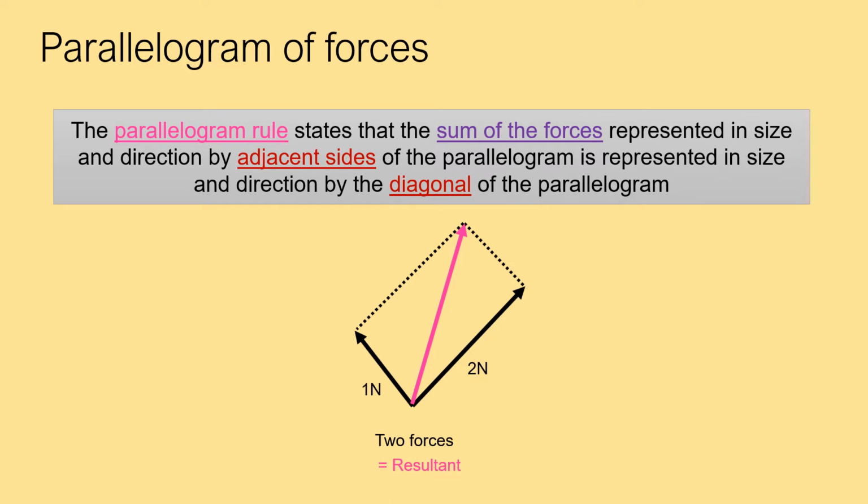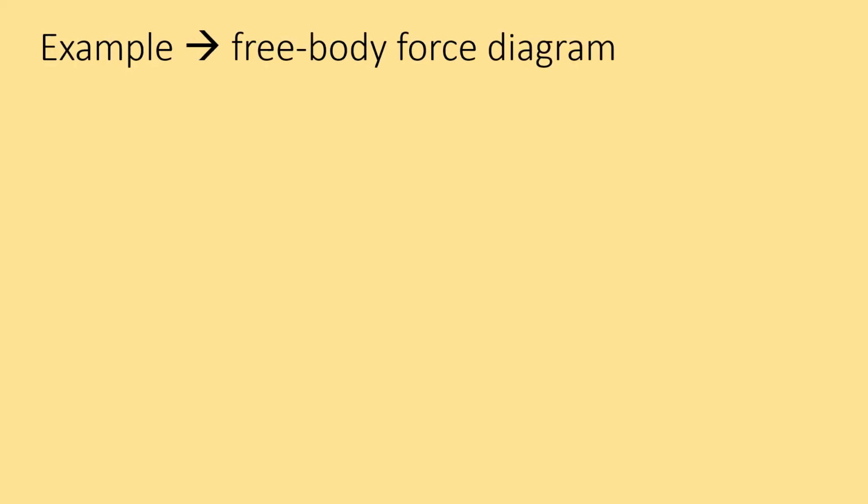So this now gives you the resultant force, it gives you a direction, and it gives you a magnitude. So you can draw these to scale, and then the angle and size of the purple line there will give you exactly the size and direction of that force.